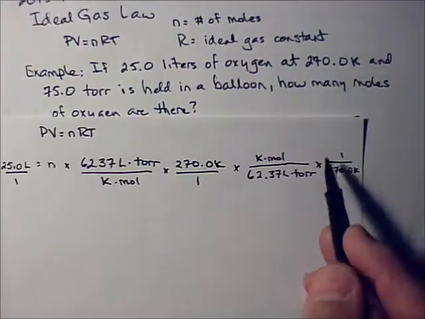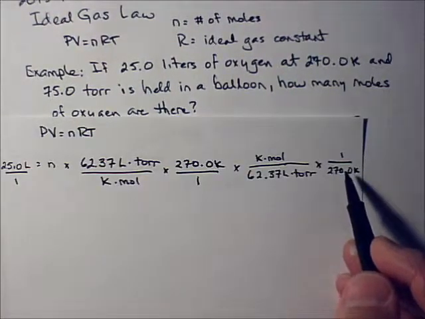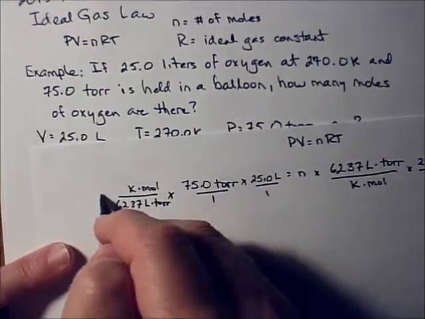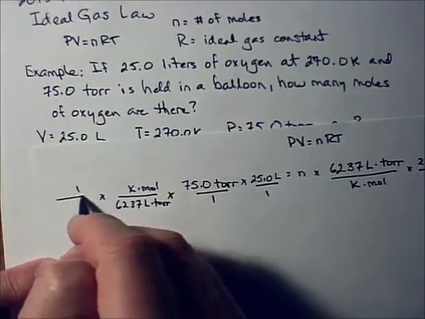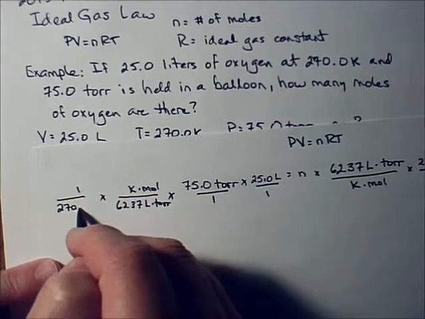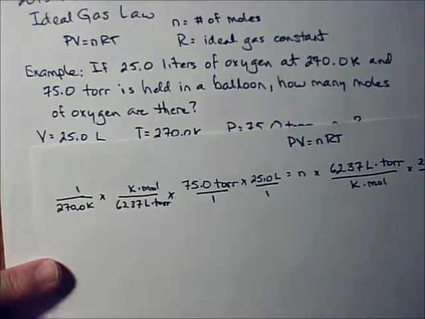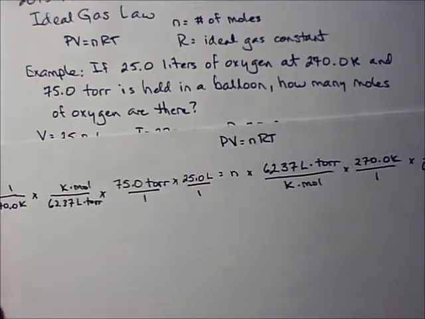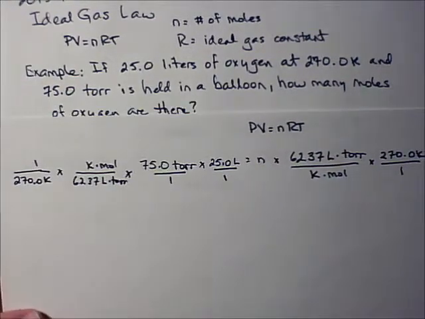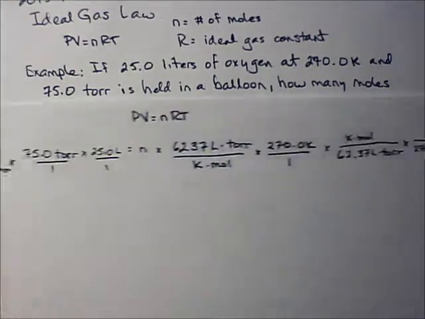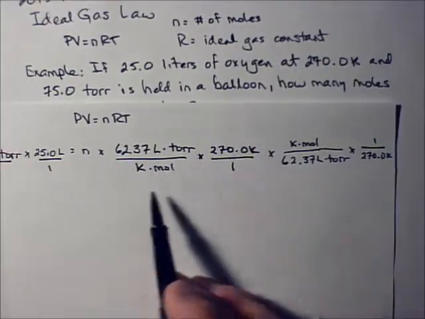And then I have to also put this fraction on the other side. So times 1 over 270.0 K. Why? Because this was originally here.